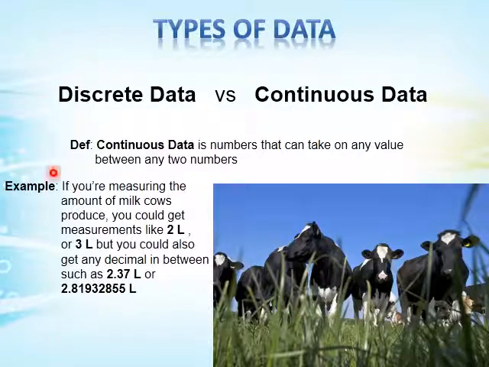But when we're measuring liters, we could get anything in between 2 or 3, or anything between 3 and 4. So don't make the mistake of thinking it's just because we have decimals. The idea that separates discrete and continuous data is that any number between two numbers could come up. So we're allowed to have decimals for discrete data, but we would be limited to certain decimals. We wouldn't be able to get any decimal.